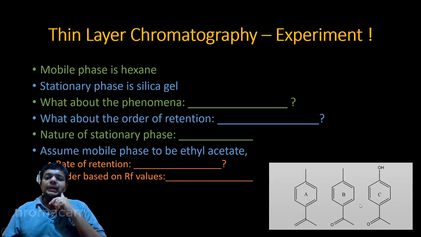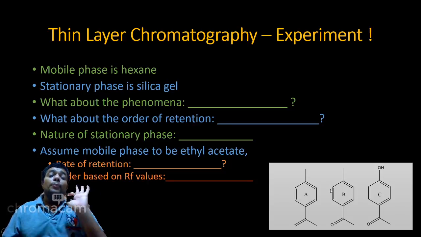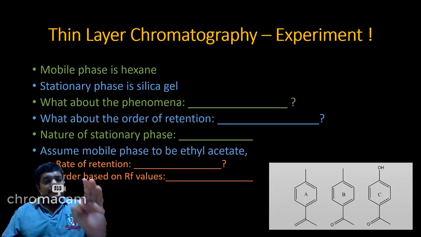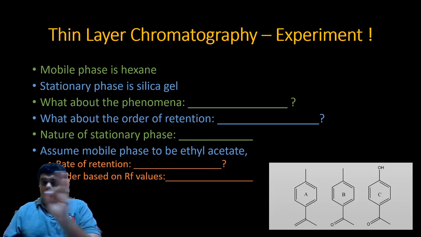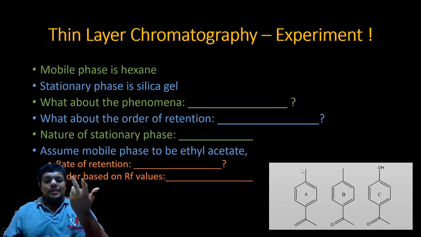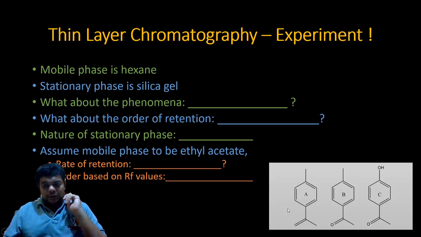Among these three, the compound that is most polar will stay inside and the compound that is least polar will come out. Therefore, among these three, the first compound does not have any electronegative atoms like O, N, halogen, etc. So this is a completely non-polar molecule.